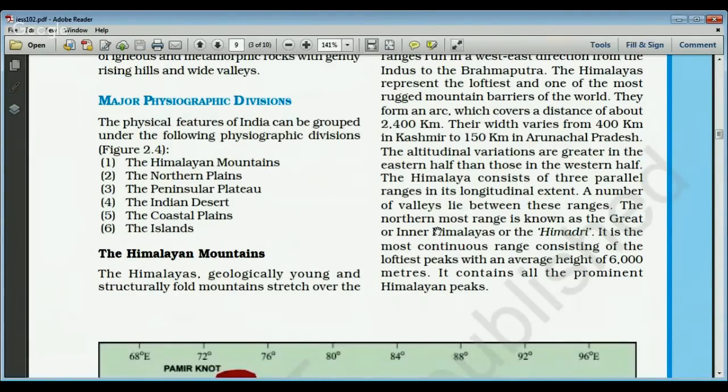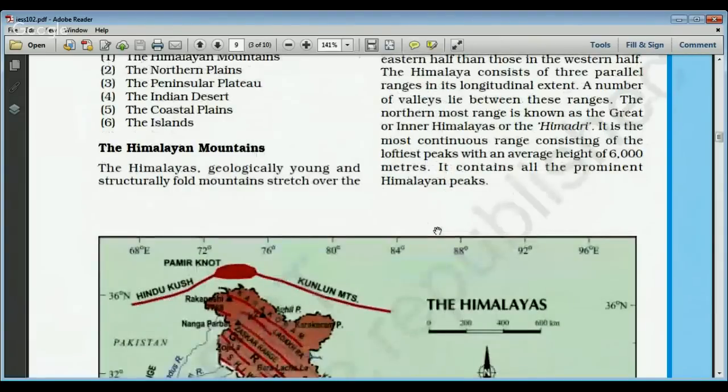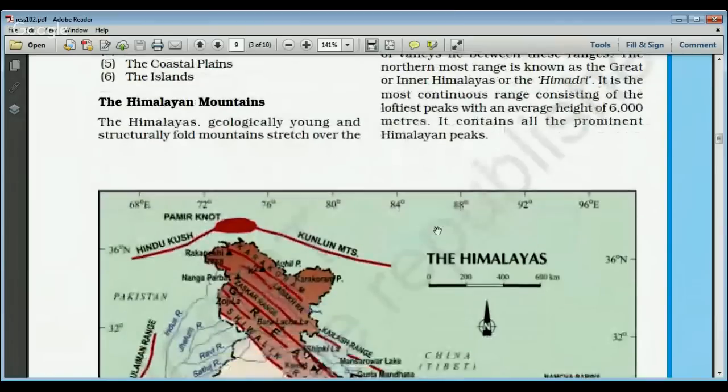Of the three ranges, the northernmost is known as the Greater or Inner Himalaya or the Himadri, and it is the most continuous range and consists of the loftiest peaks with an average height of 6,000 meters or 6 kilometers. So these are the highest mountains, and all the prominent Himalayan peaks are found in the Himadri.